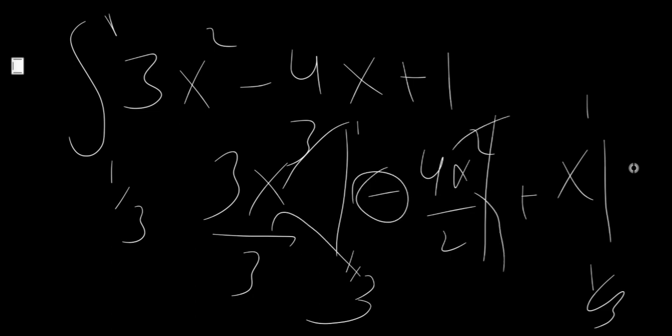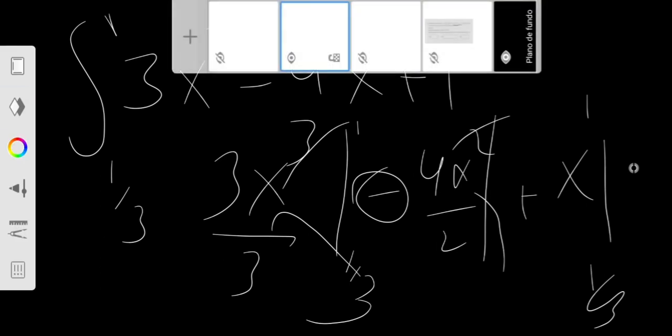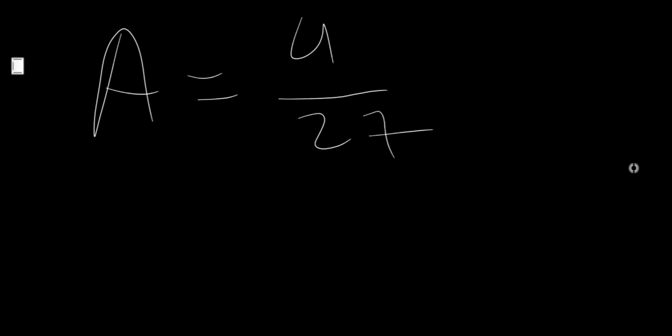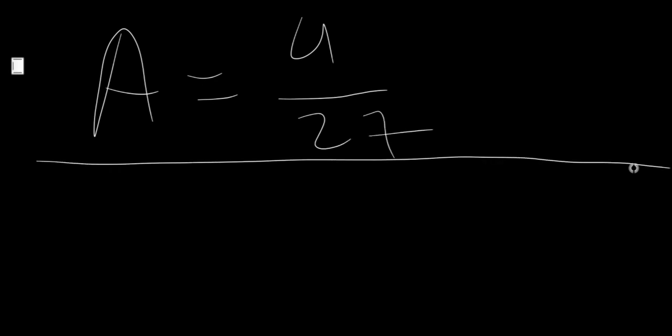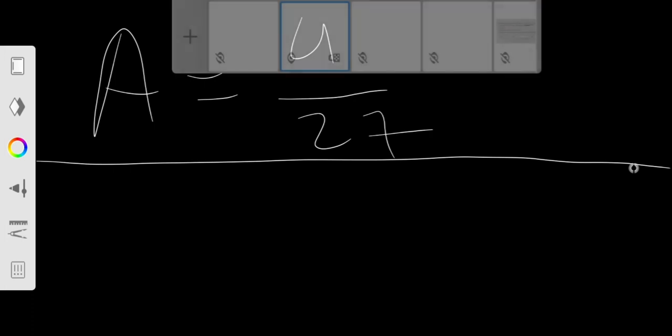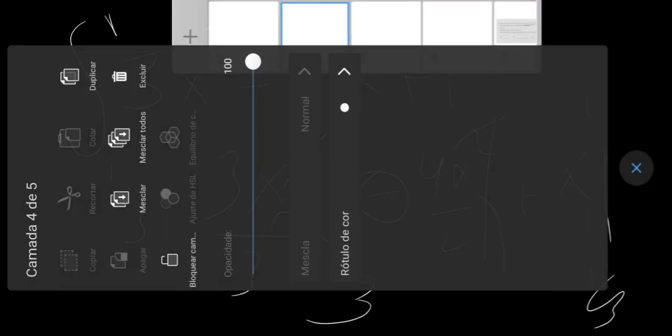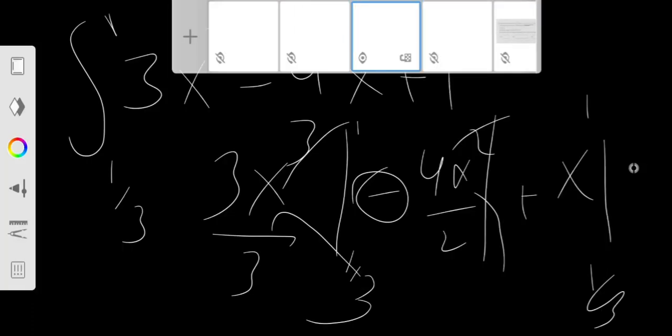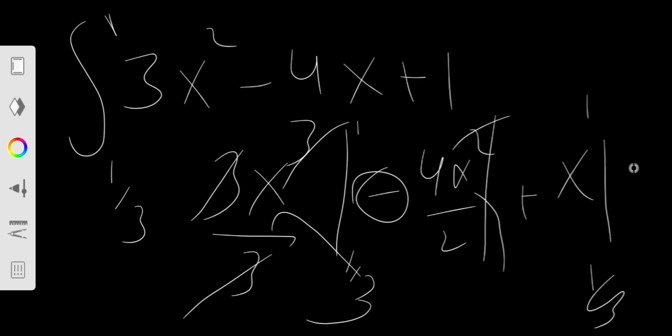Be careful with the minus part. Your area is going to be 4 divided by 27, okay? So just the first part was, look, the first part that you would cut with 3, and then you would have 1 minus 1/3 cubed, right?